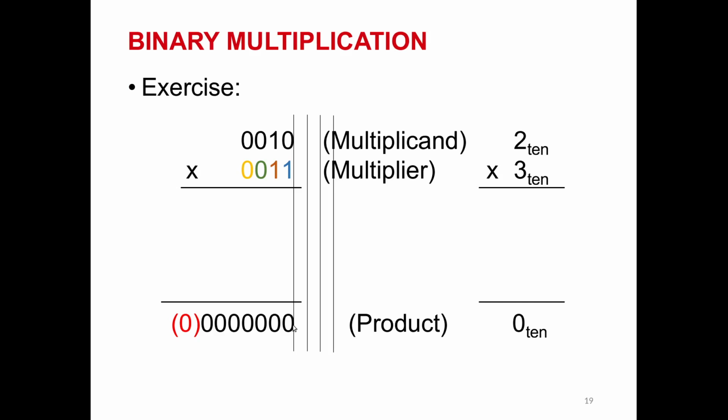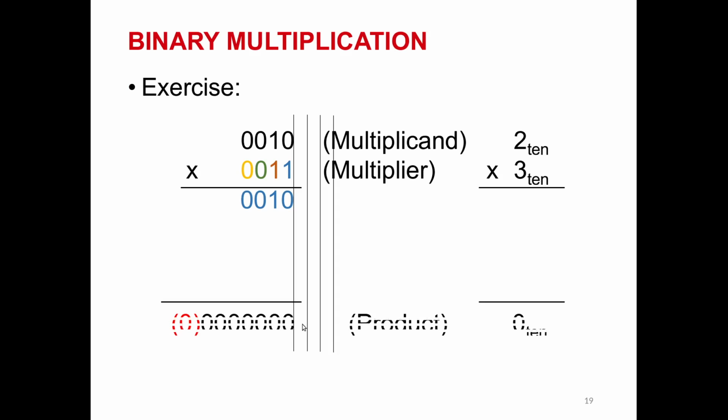So now we will do our multiplication. At first we will take this value 1 and multiply with this multiplicand, and we have this value, and we will add this value together with our product and immediately shift the product 1 bit to the right.